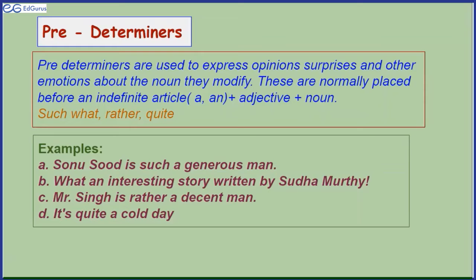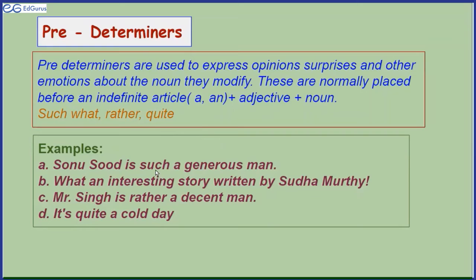Generous man. Is it referring to generous or man? No, it is referring to the man. Man is the noun. A determiner depicts the noun. A determiner determines the noun.